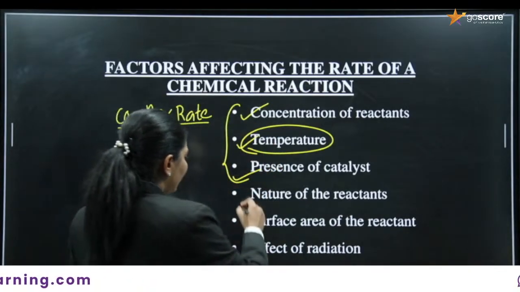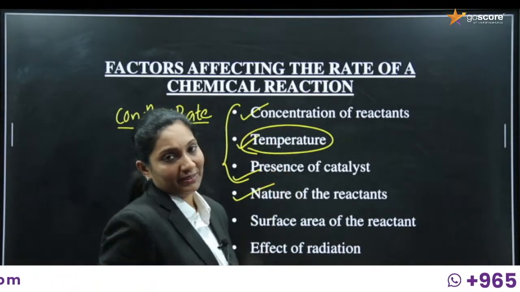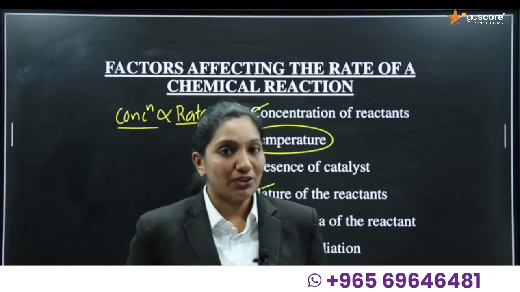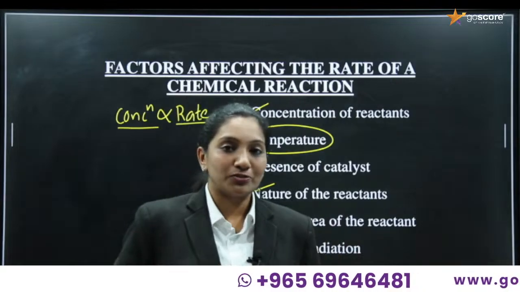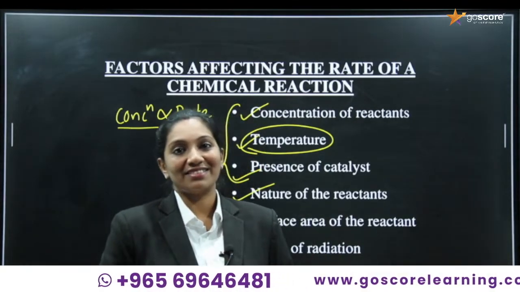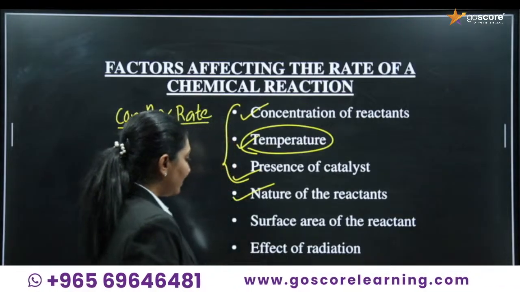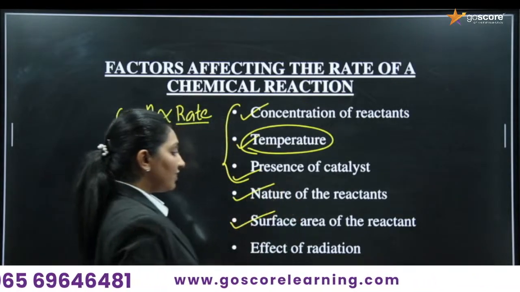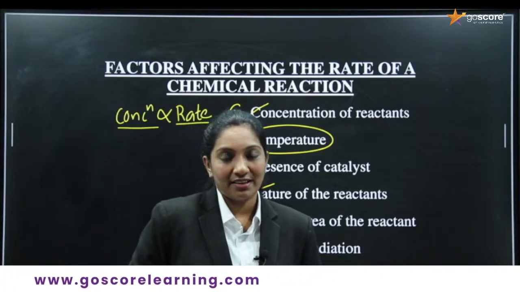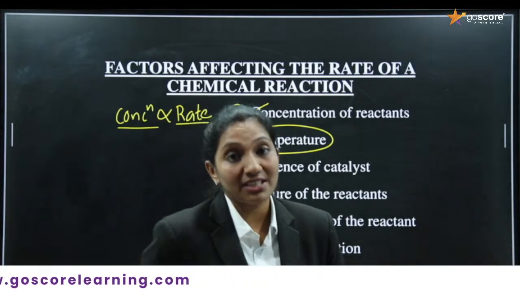The rest of the factors: the nature of the reactant. We know that during a reaction, there will be formation of bonds and breaking of bonds. So, of course, the nature of the reactant affects the rate of reaction, right? The next factor is the surface area of reactant. There may be certain reactions that take place on surfaces.